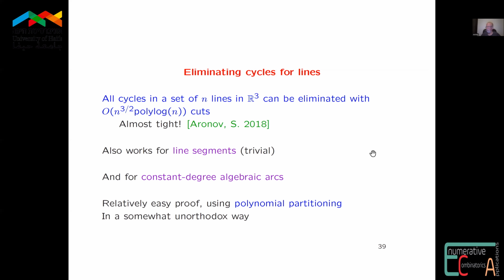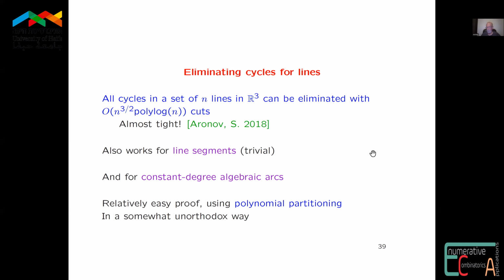So in the worst case, it is almost tight. Now, there is nothing special about lines in the proof technique. They can be line segments, this is kind of trivial, but they can be curves, I don't know, circles, circular arcs, whatever. As long as they are algebraic of constant degree, the same method will work.